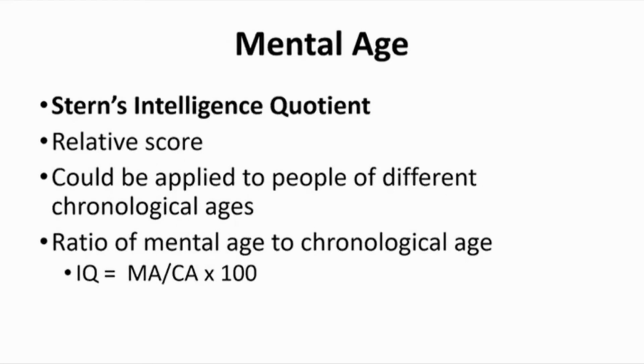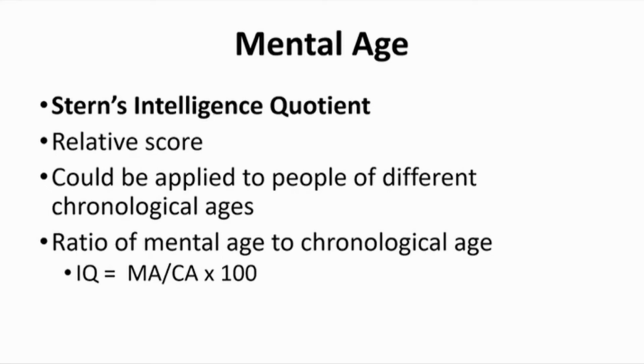Now we can build on Binet's concept of mental age and actually see how people took his idea and started running with it. So the first person that picked up on Binet's idea was the German psychologist William Stern. Now Stern decided to come up with a method to produce a relative score of intelligence, a quotient of intelligence.